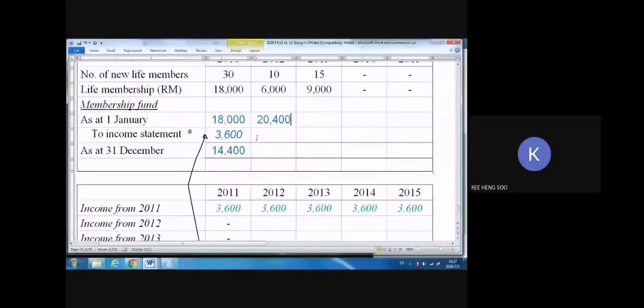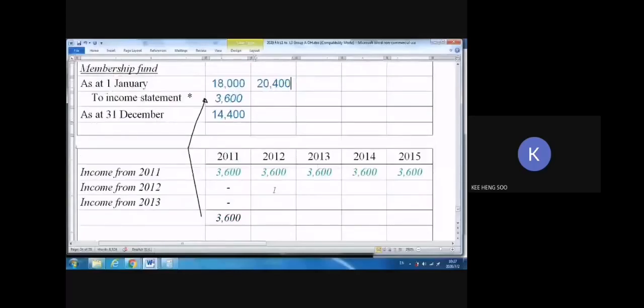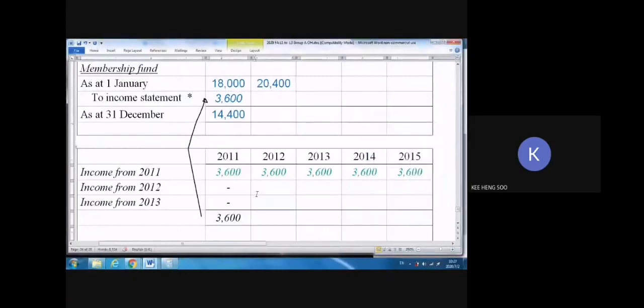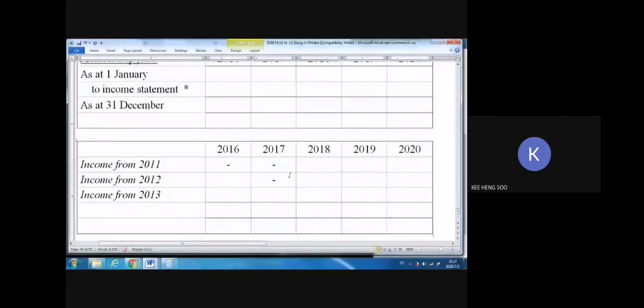So this 6,000 divided by 5. 6,000 divided by 5 is 1,200. So 1,200 will be here. So copy 5 times until the next year. 1,200.